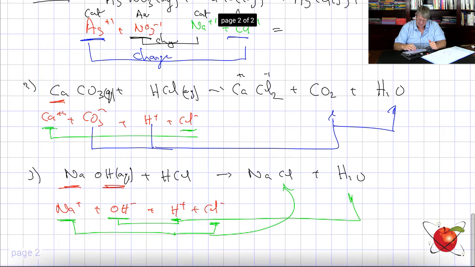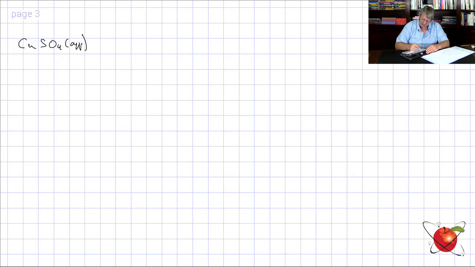The last one is number 4, in essence our electron transfer reaction, the redox. I use copper sulfate, the one you're going to see often. We've got copper sulfate aqueous plus Zn solid.